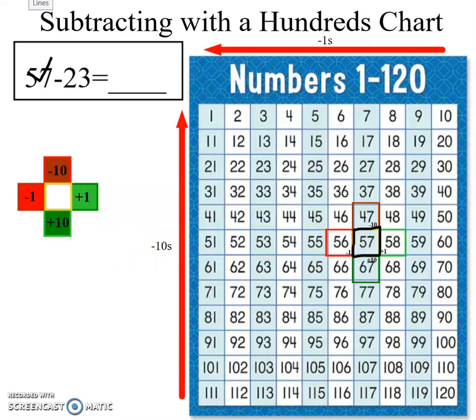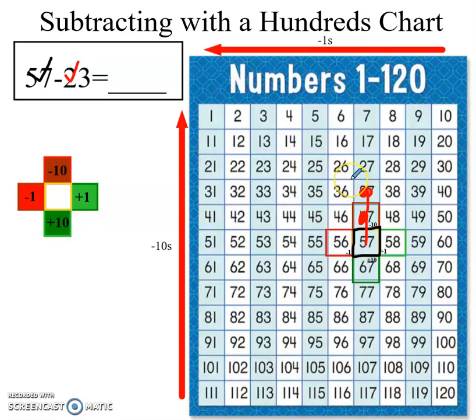Well, that's right, I need to go up, because going up takes away tens. So each time I go up a row, I am subtracting 10. So I'm starting at 57, and I'm taking away 10, 20. Okay? So we're already done with that 20 in 23.